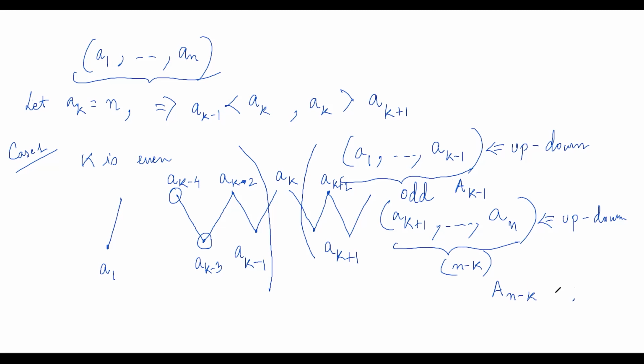And now similarly let's analyze case 2, when k is odd. So coming to case 2, k is odd, and so let's again draw the diagram. Here we have ak minus 1, ak plus 1, and now again things would go up from here.